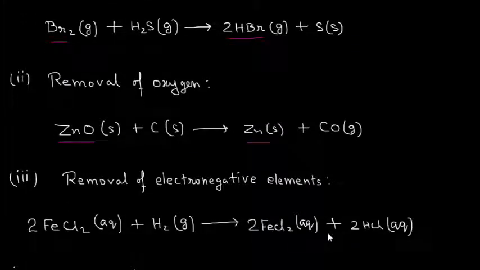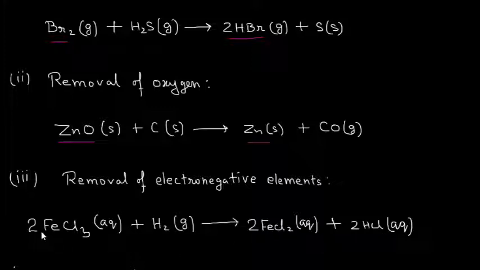Next, removal of electronegative elements. So here it will be 2FeCl3 when reacts with hydrogen, it gives 2FeCl2 plus 2HCl.